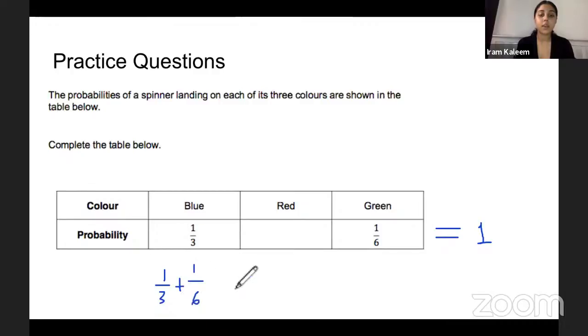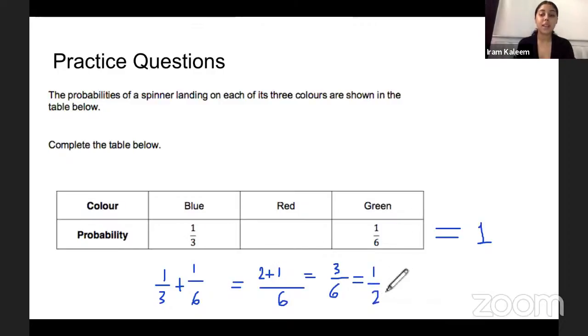If you remember anything from adding fractions, make the denominator the same. 3 times 2 gives me 6, so I put 2 at the top. 6 times 1 is just 6, so we make the top a 1 there. So we get 3/6, which is also a half. So when we add those two together, we get a half.